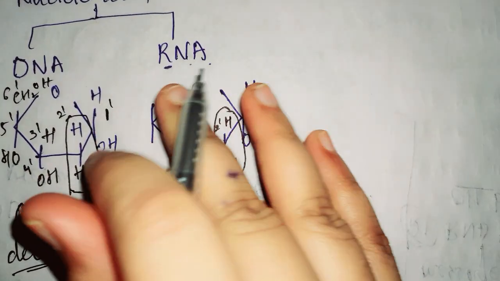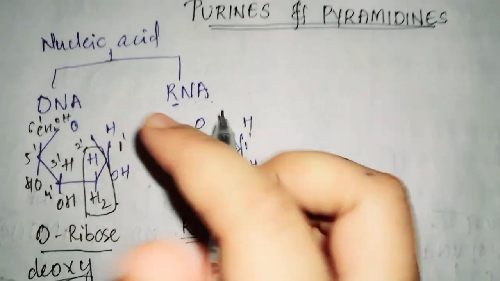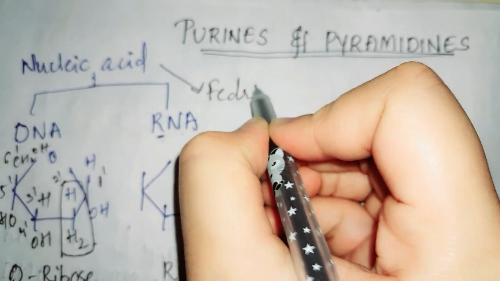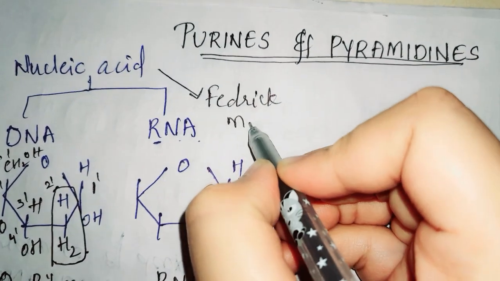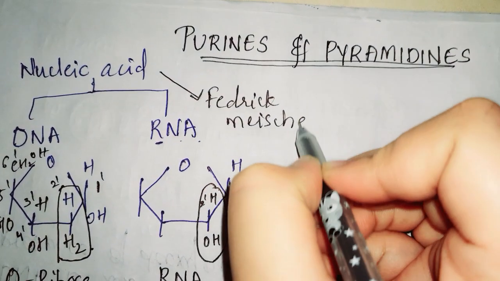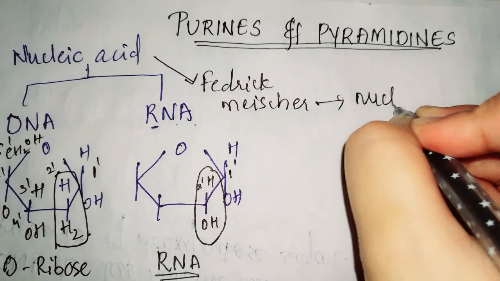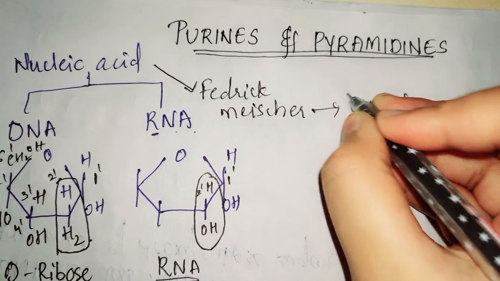The nucleic acid was first detected by Frederick Miescher. He detected the nucleic acid and named it nuclein at that time.